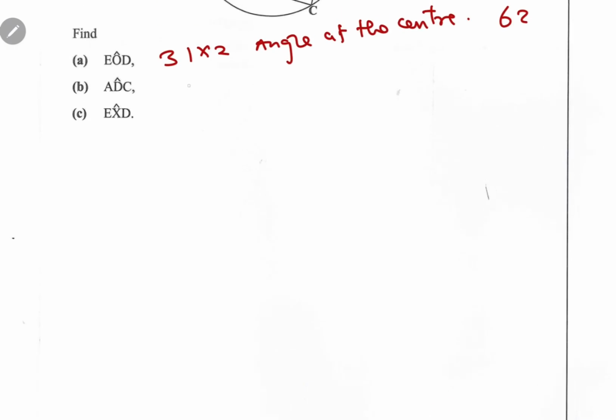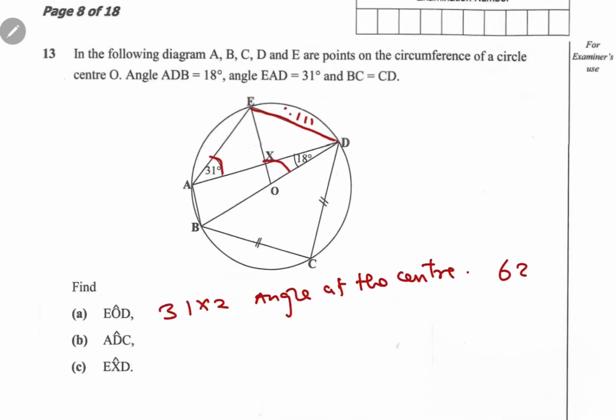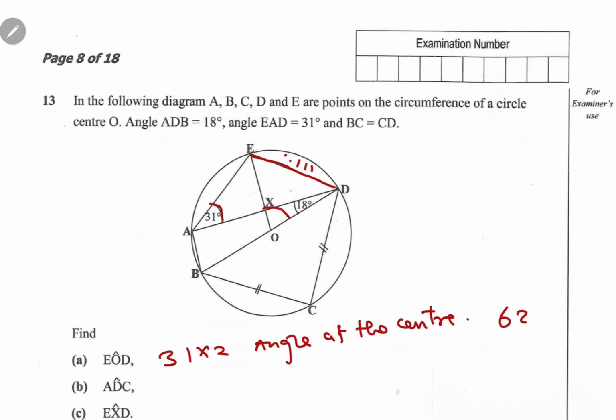Then ADC. Let us see ADC. We are talking about the whole of this part, and part of it is already 18. So what do we do? Here we are going to think of this triangle at the bottom as an isosceles triangle. If we can find this angle, we can also find these two because these are base angles, and they are equal.